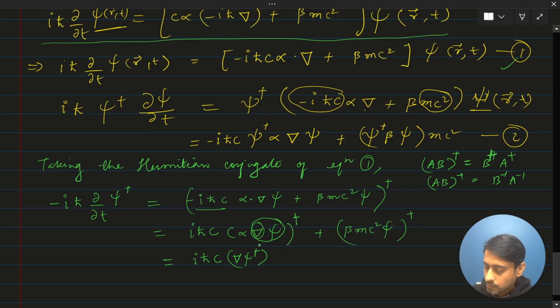So it will be alpha dagger. Alpha will go in the right hand side. Plus in a similar way we can write this, but mc square, these are all real, so we will call it mc square, then psi dagger and beta dagger. So we have written it like this.